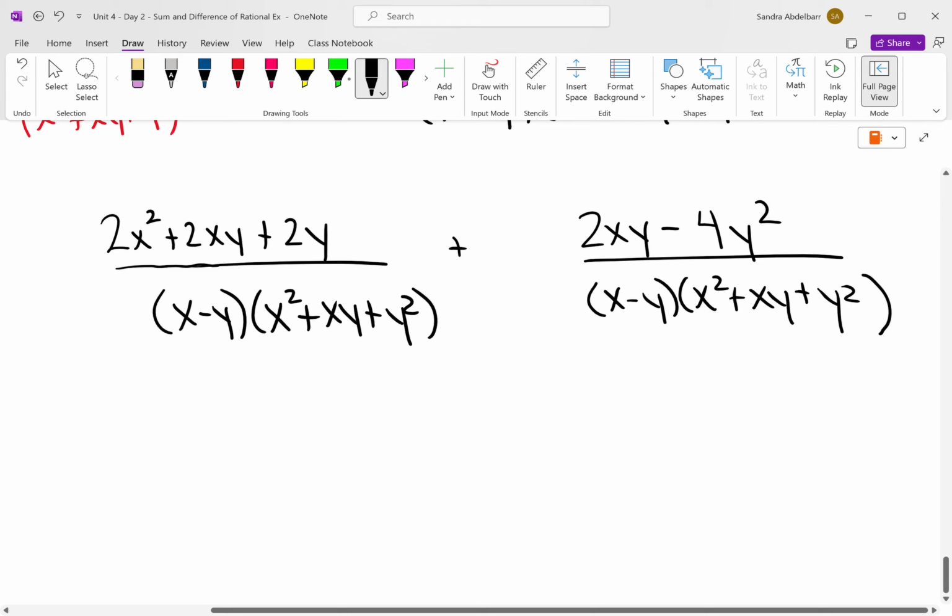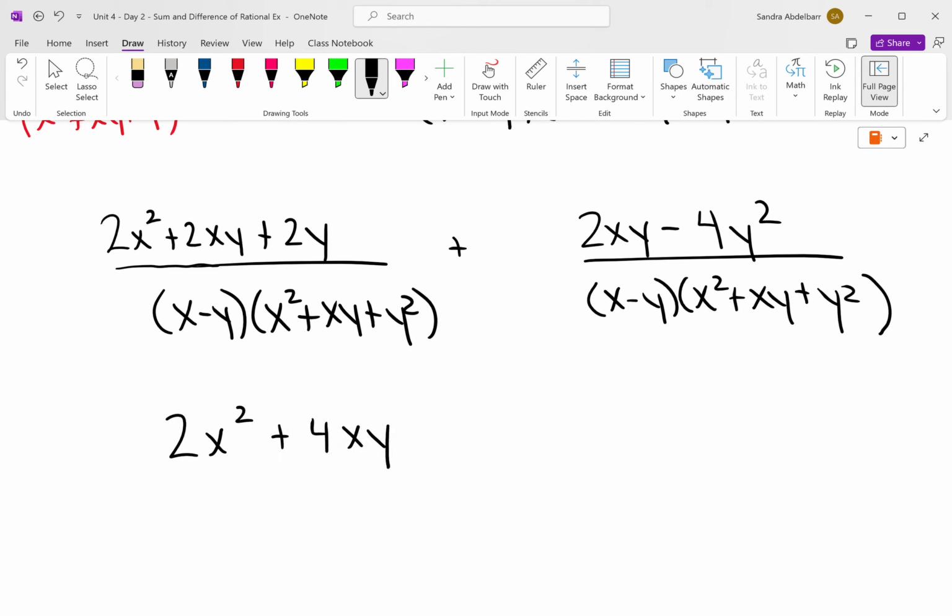All right, now we combine our like terms. I guess it doesn't matter which one you put first, so I'll put the positive. So we're going to have 2x squared plus 4xy, I'm just adding my numerators, plus 2y minus 4y squared.